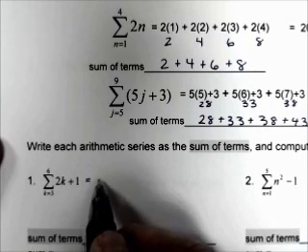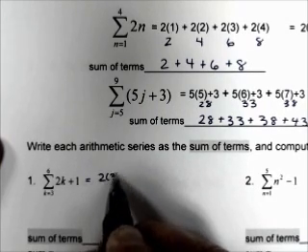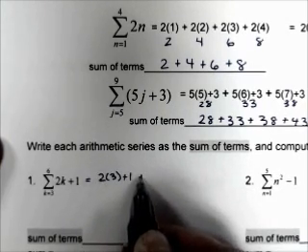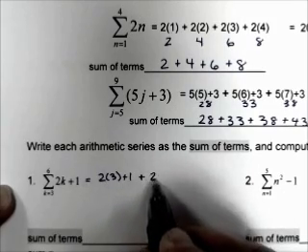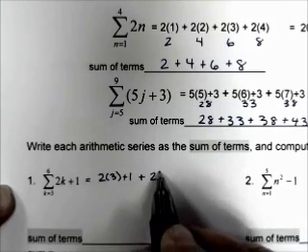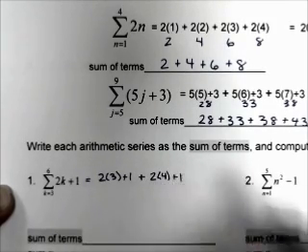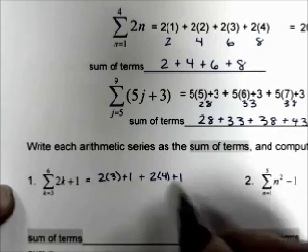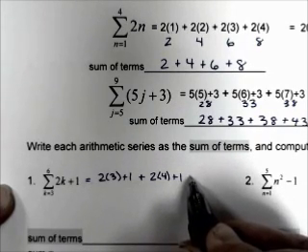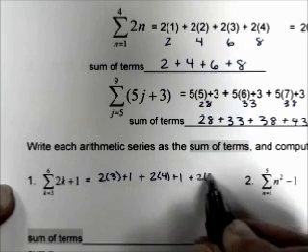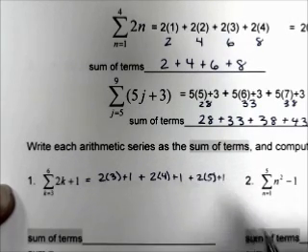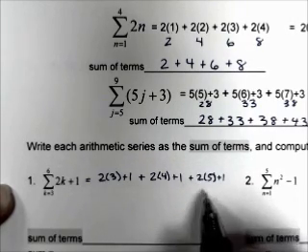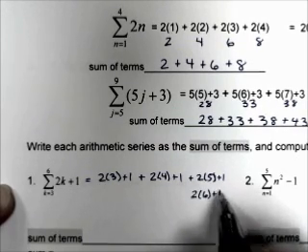All right, so this would equal 2 times 3 plus 1 plus, substituting 4 in for k, 2 times 4 plus 1, then substituting 5 in for k, 2 times 5 plus 1, and running out of room here, 2 times 6 plus 1.